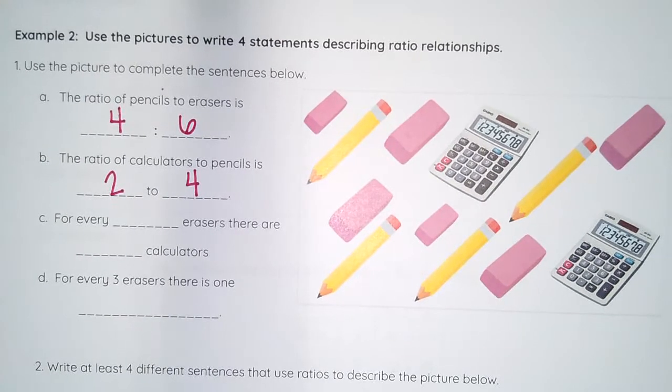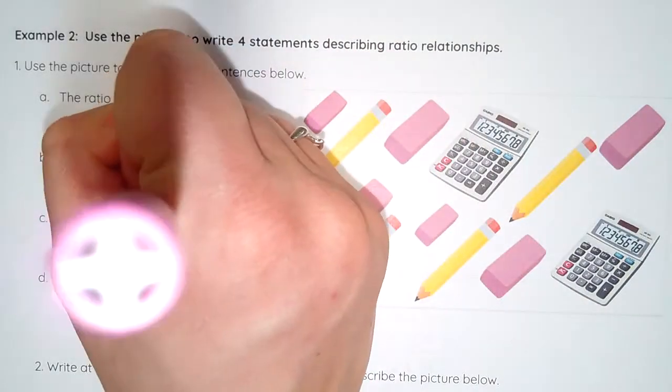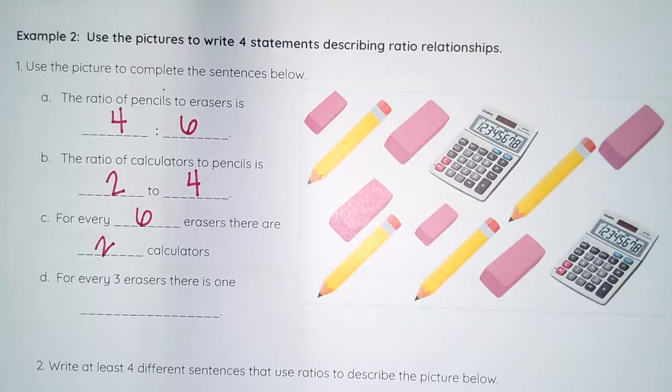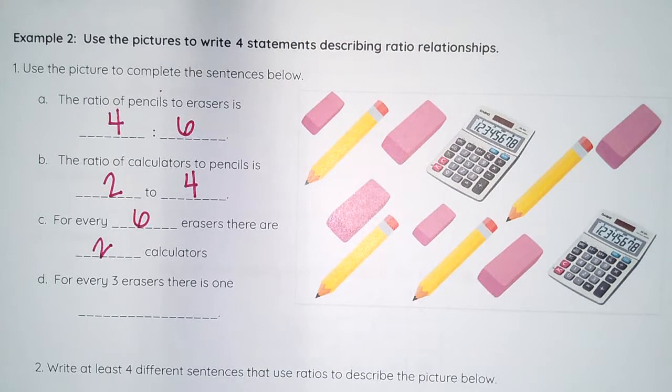All right. Here, let's read this together. It says, for every blank erasers, well, there are 6 erasers. So for every 6 erasers, there are 2 calculators. Now, this one gets into finding an equivalent ratio.